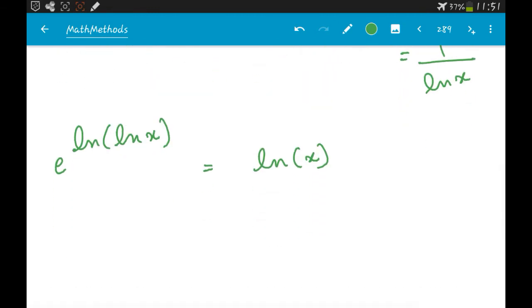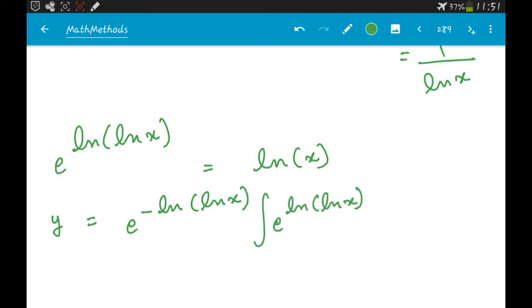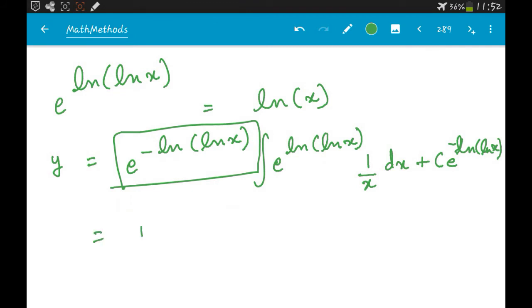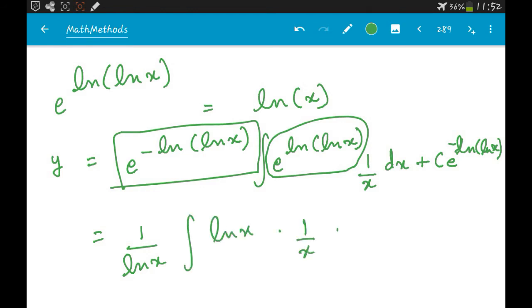So now we can solve our equation. This is going to be e power minus ln of ln x, times the integral of e power ln of ln x, 1 by x dx, plus c times e power minus ln of ln x. So this is nothing but 1 by ln x, times the integral of ln x, 1 by x dx, plus c by ln x.